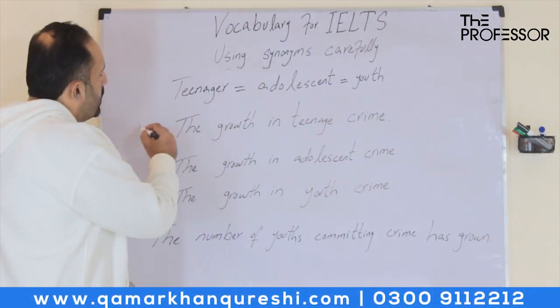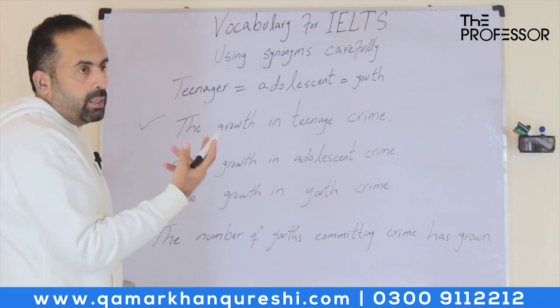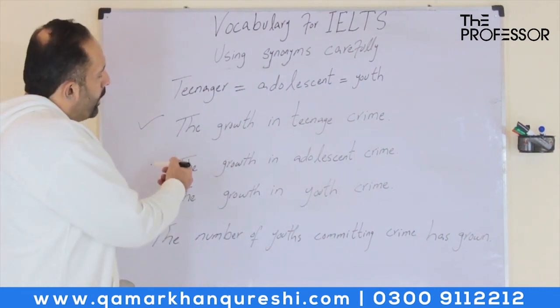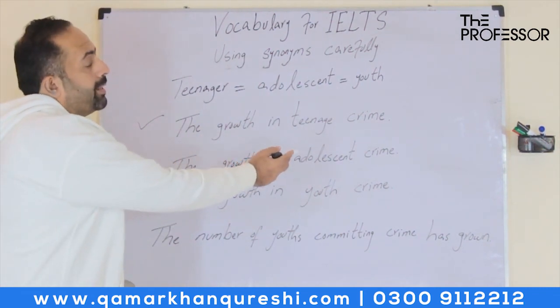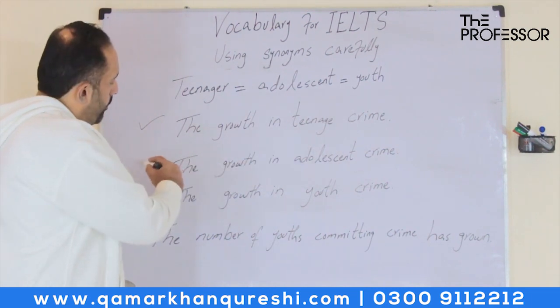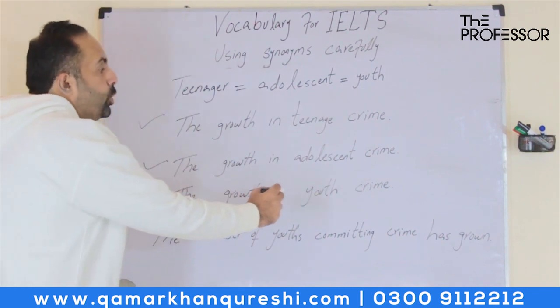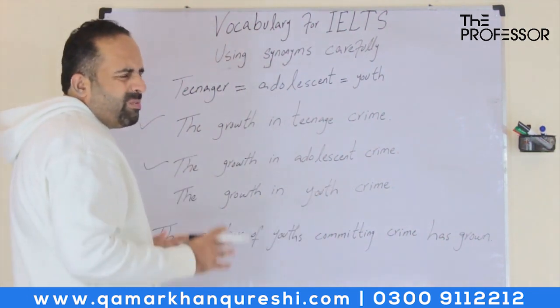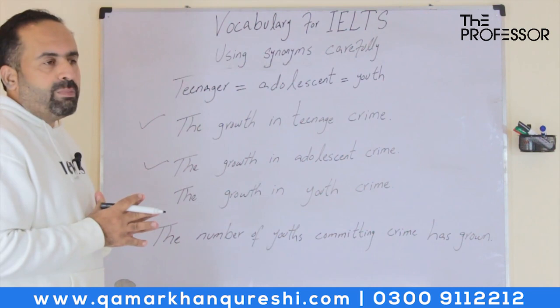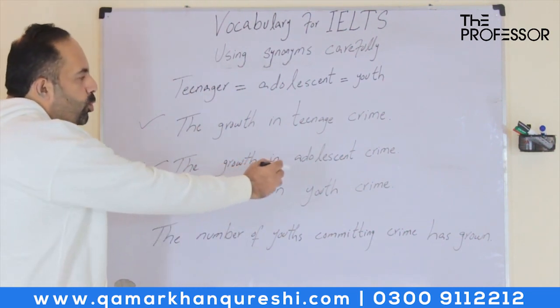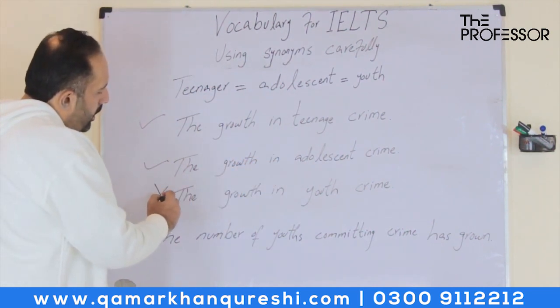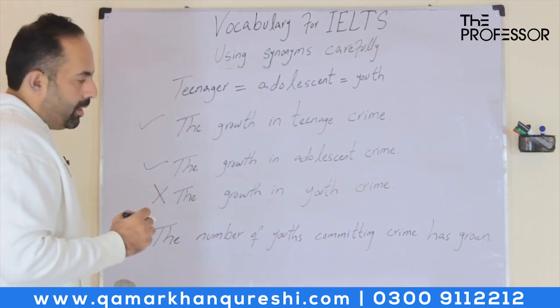So this sentence is correct. We can also say the growth in adolescent crime. This is also correct. The growth in youth crime. Now, this sort of doesn't make sense. So the growth in youth crime is wrong.